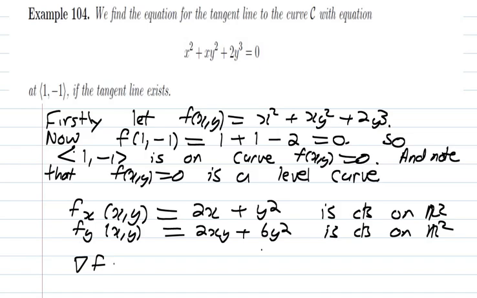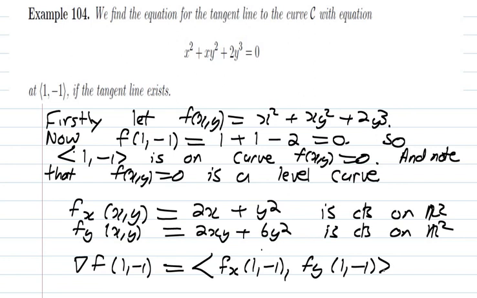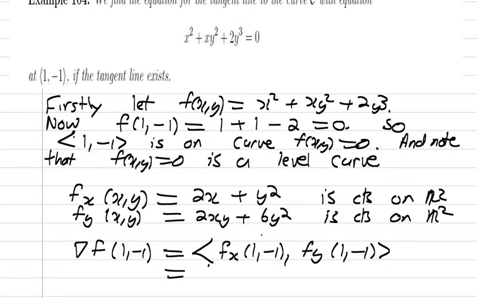All right, so now grad f at the point (1, -1) is going to be the vector (f partial x at the point (1, -1), f partial y at the point (1, -1)), and if I plug in, I get 2 times 1 plus (-1) squared, and I get 2 times 1 times -1 plus 6 times (-1) squared.